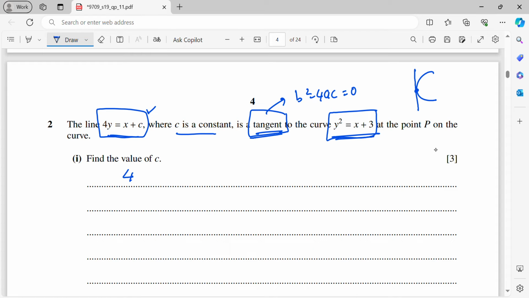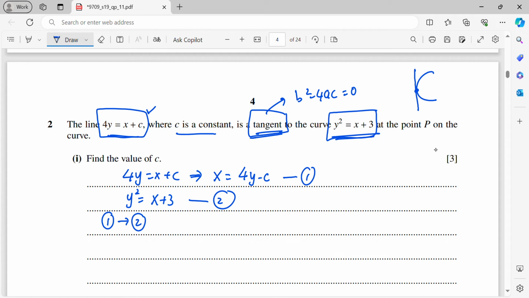Now, I let the straight line be the first equation, and then from here, basically, I can get my x. My x will be 4y minus c. So I let this be the first equation. Now the second equation is basically the curve, y squared equals x plus 3. So this is my second equation. Now I will be substituting the first equation into the second equation.